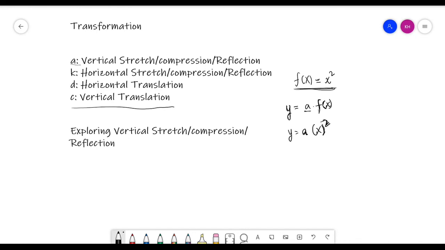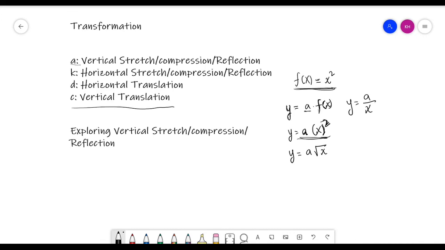Or if I have to talk about a square root function, the function would look like y equals A square root x. If I have to talk about a reciprocal function, it will look like A over x. So they basically mean the same thing. It's just that different functions are written in different ways, and that's why the A is written in different places.